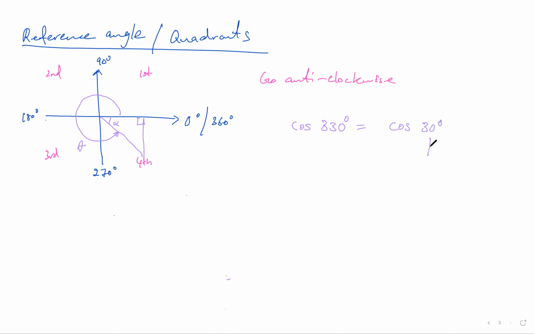The alpha, this is your alpha here. So it would give you the same answer. Now, this one depends on which quadrant it belongs to. Which quadrant? So if you take notice, this is in which quadrant, guys?